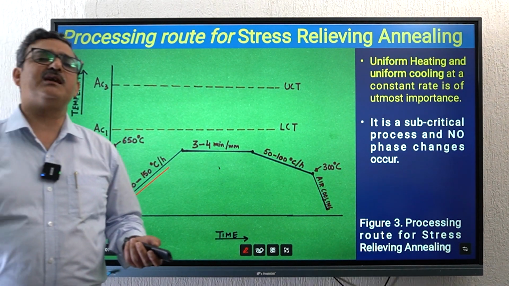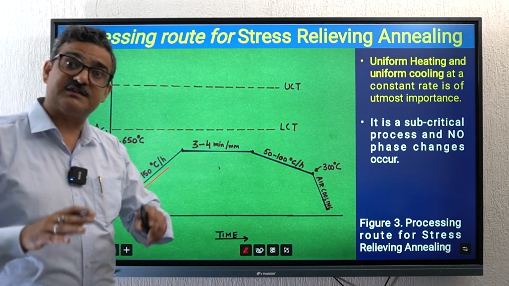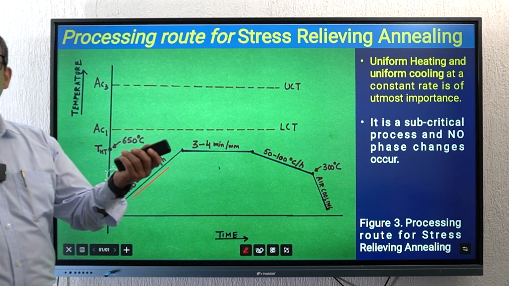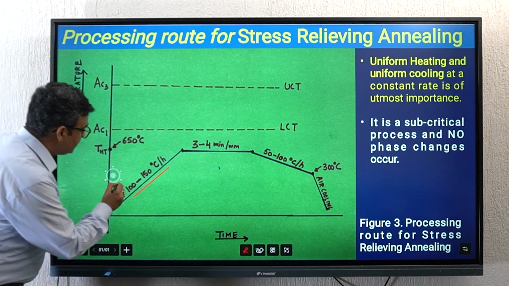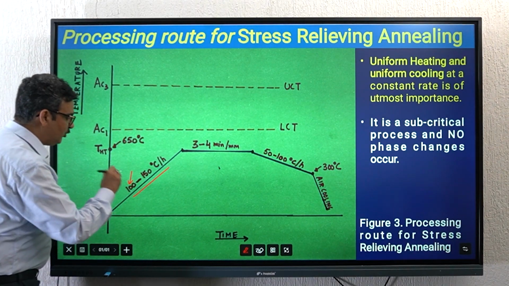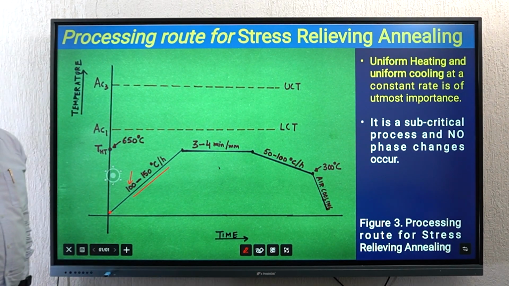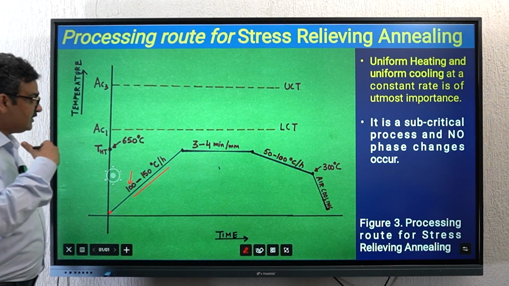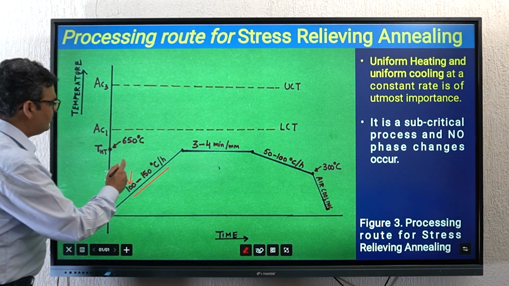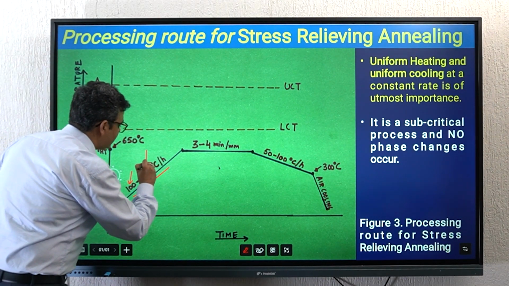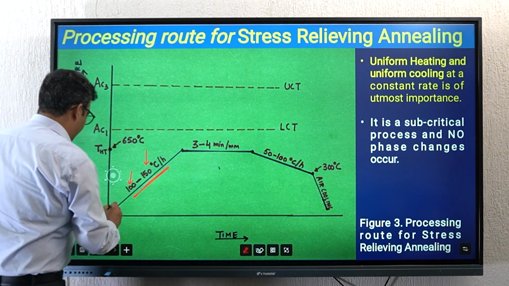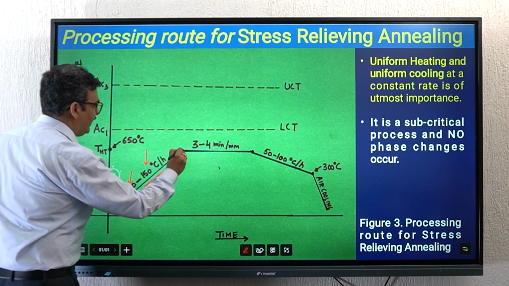This would generally depend upon what amount of internal stresses are present. If the internal stresses are too large in magnitude, please choose a lower heating rate. But in case the stresses are less, then you can probably choose a slightly higher heating rate, but the heating rate has to be in this range.